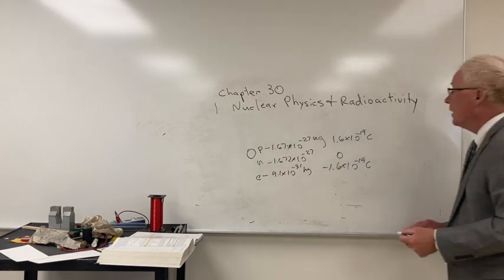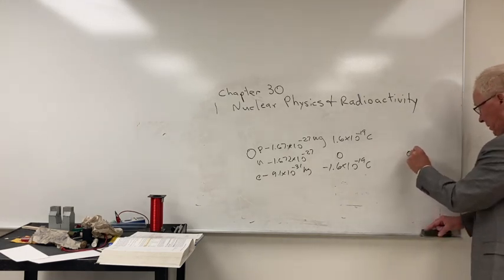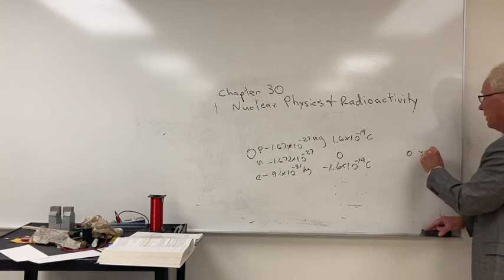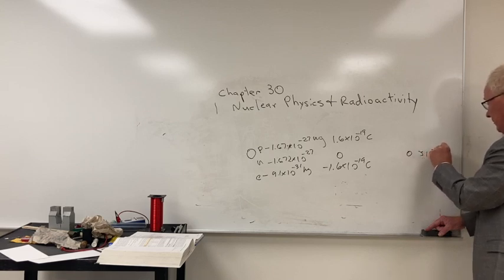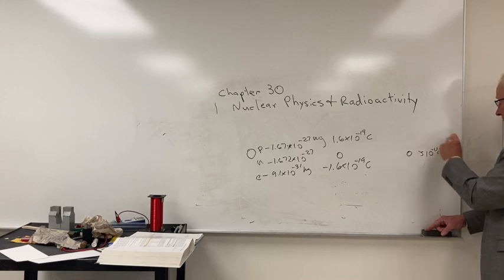So, on that scale, the nucleus is approximately 10 to the minus 15th meters in diameter, or what we call 1 femtometer.